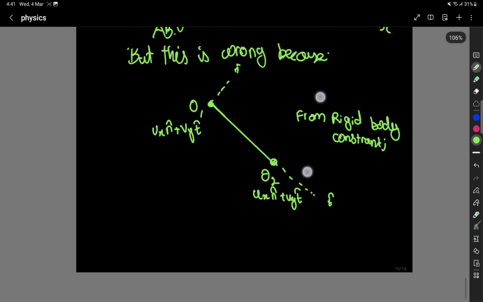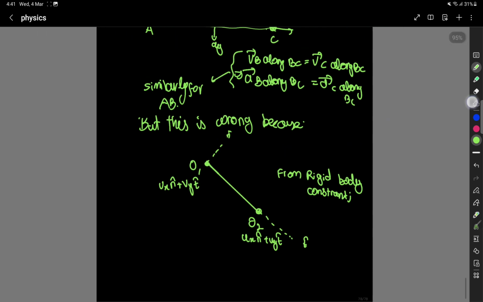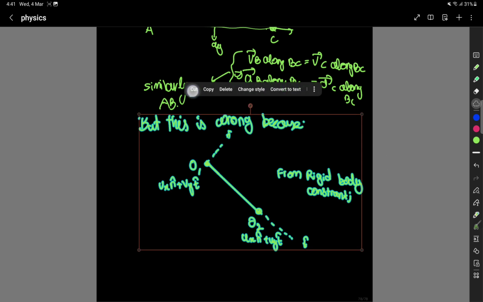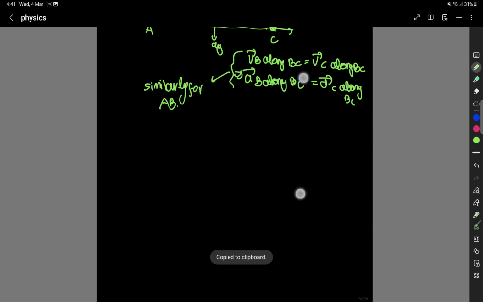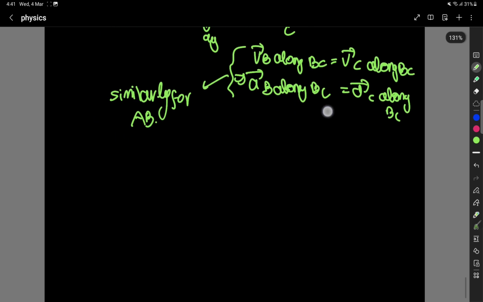The problem with this method is, before we see this, just a second. I forgot to tell what is the actual problem with this.